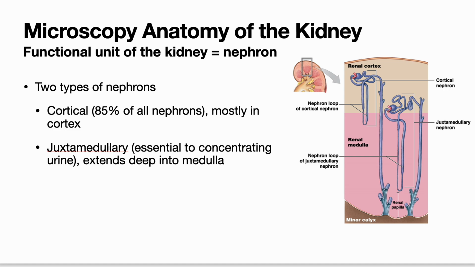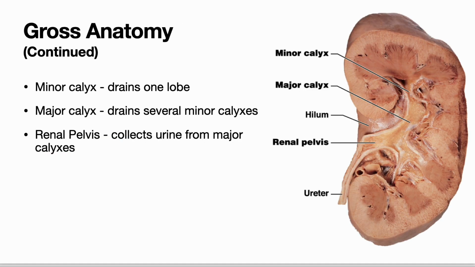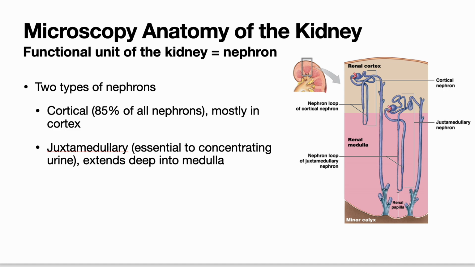Now, the microscopic anatomy of the kidney is a little bit trickier. You definitely can't see it in this kidney, and even looking at it under the microscope is challenging in terms of teaching it, because we're going to catch it in all different planes of section, making it really hard to envision what the nephron looks like.